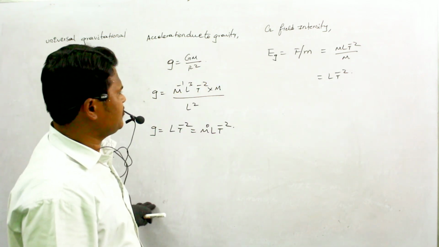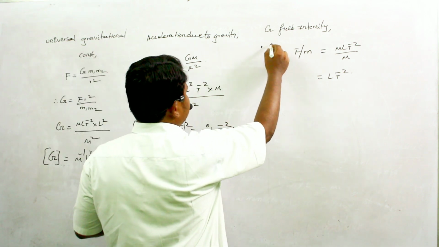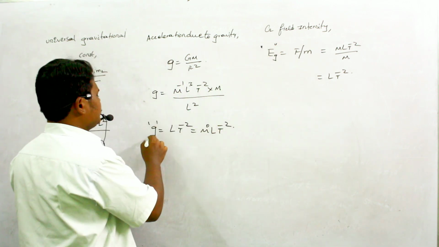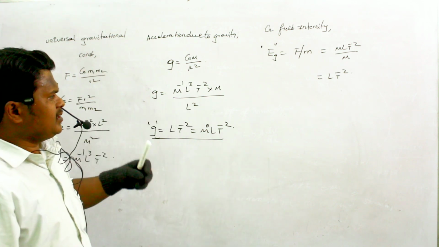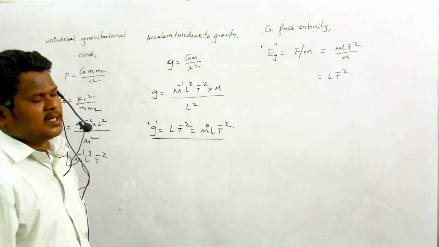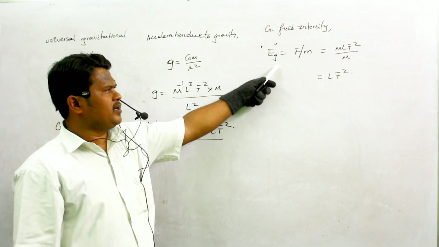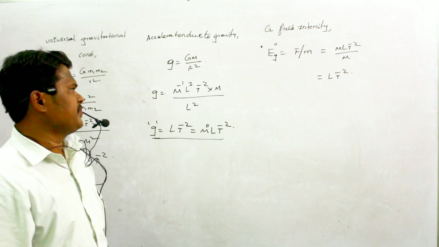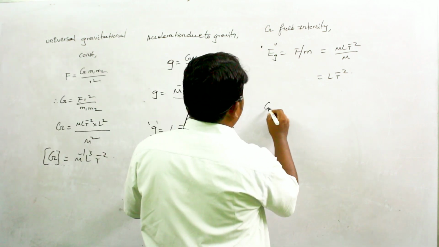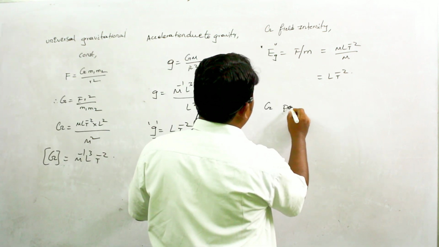If you observe carefully, this Eg and this g both have the same dimensions. That is, numerically they are always equal. This is also one form of defining acceleration due to gravity. Similarly, gravitational potential.